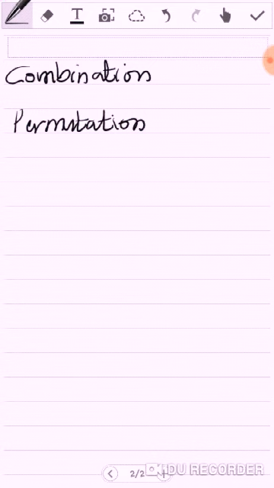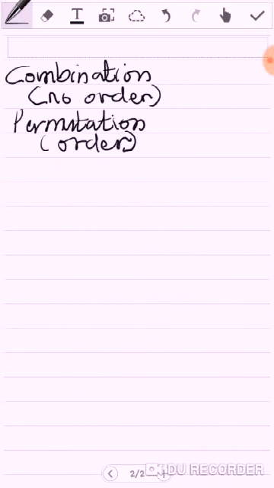Both combination and permutation are for selecting a number of objects, a number of events. But combination has no particular order. Permutation follows an order. That's the only difference.